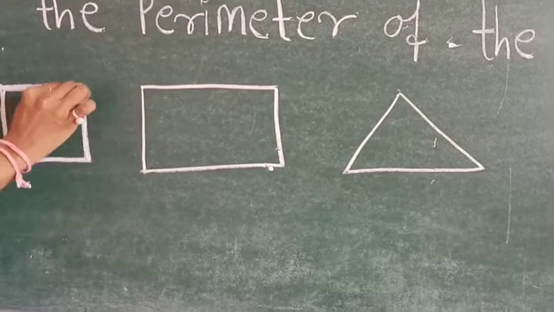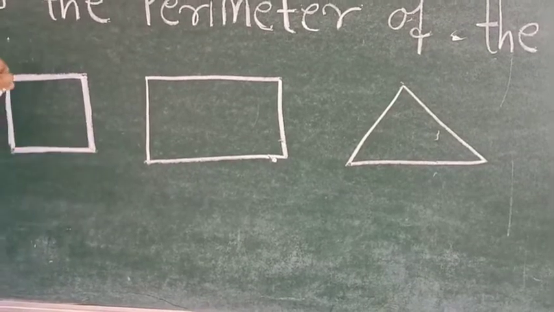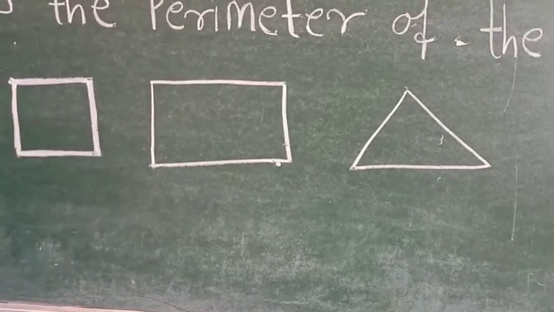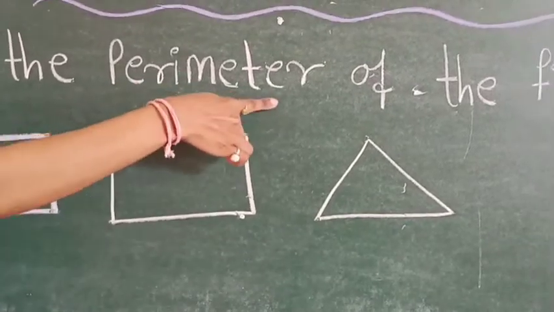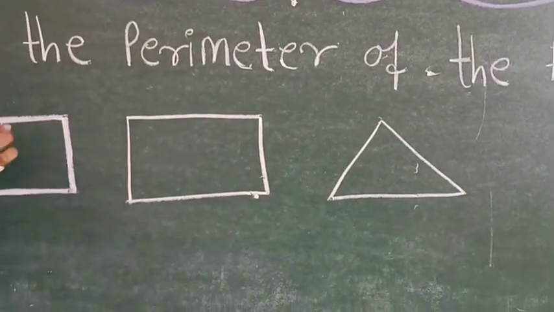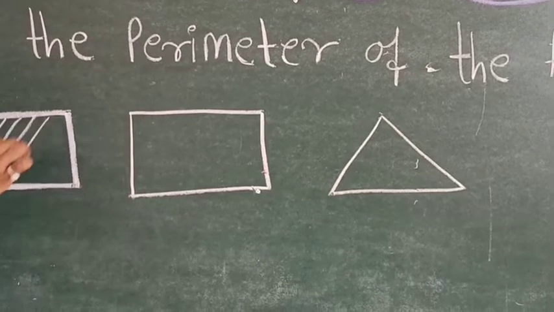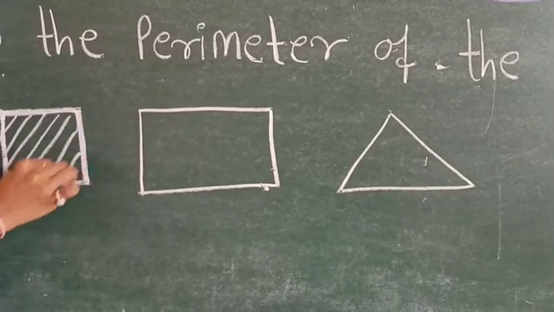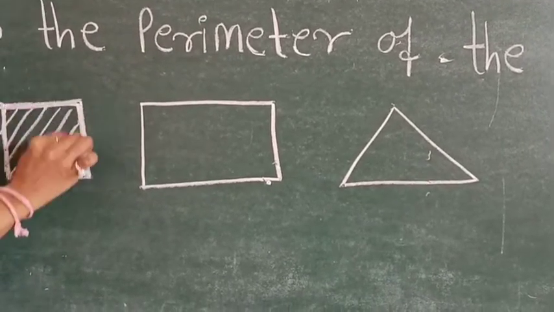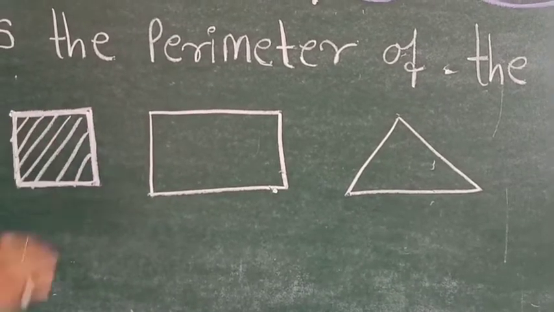When we add all these distances, we call that the perimeter. And this inner part is called area. This is perimeter and this is area.